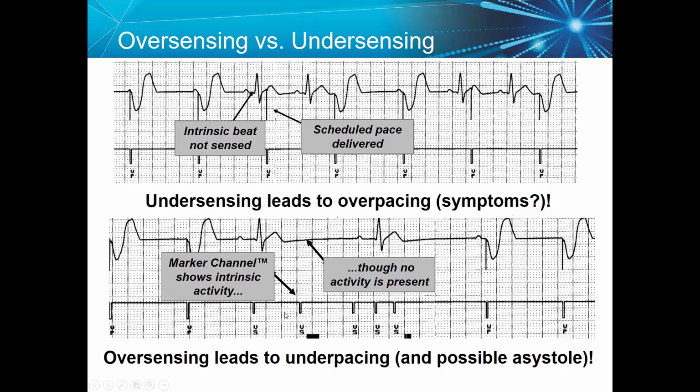Here this is oversensing. The pacemaker labeled this event, which does not appear on the ECG, no activity in the ventricle, as V-sense. So it inhibits pacing. After that also, V-sense, V-sense, V-sense. Fortunately there is an intrinsic escape rhythm here, but without an intrinsic escape rhythm, this all would be a pause.